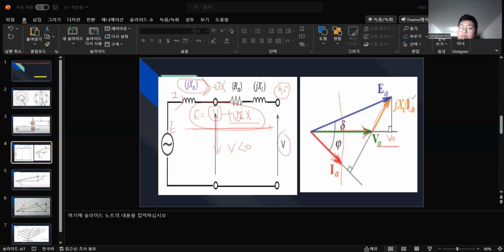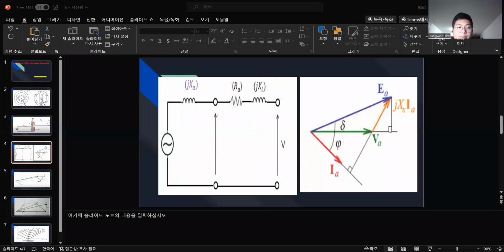So I multiply by JX, here. This is our general situation in the power system. But now you don't need to memorize. Just try to be familiar with how I draw it and what our general power system situation is.